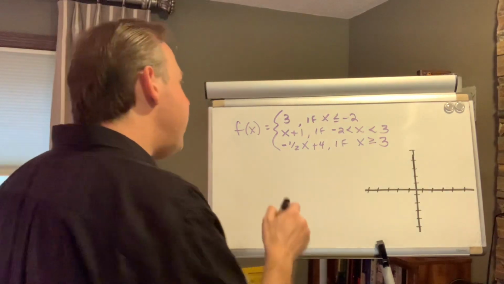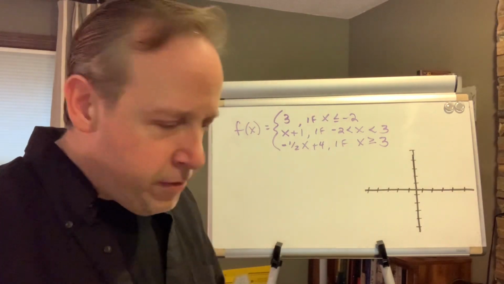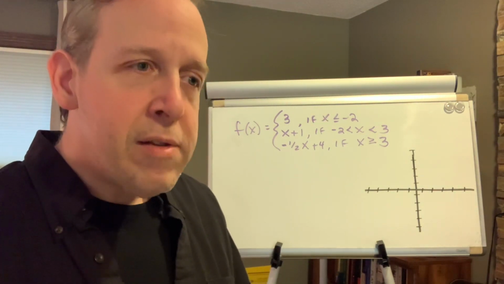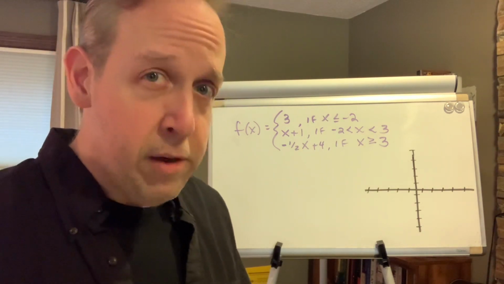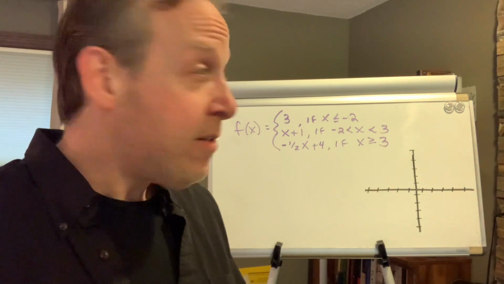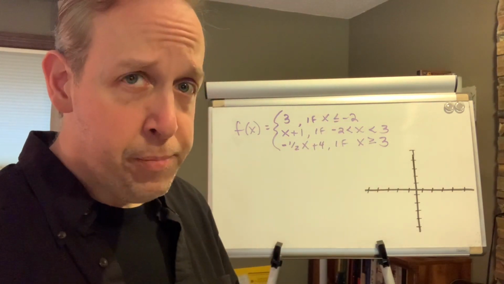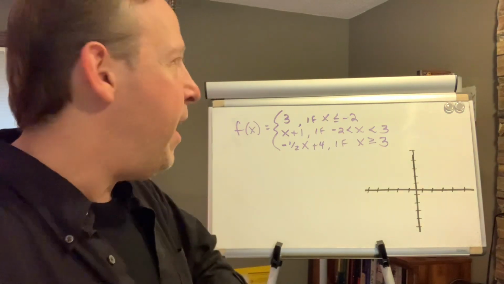The first piece says f of x equals 3. A lot of you had a lot of trouble with what that means. It means the output is 3. 3 is a y value, for any x less than or equal to negative 2. So I'm going to go to the point it's directing me at.